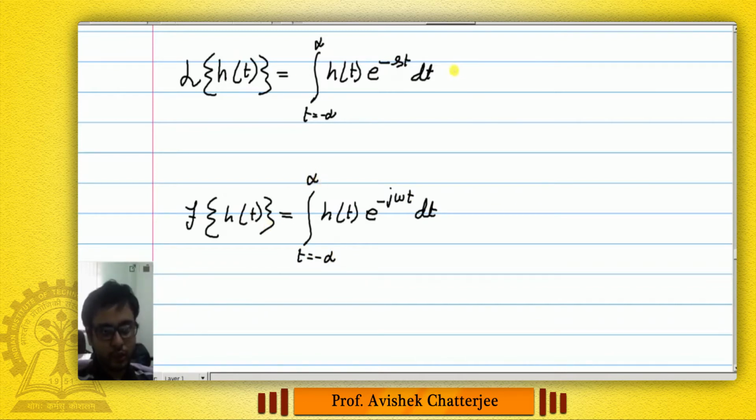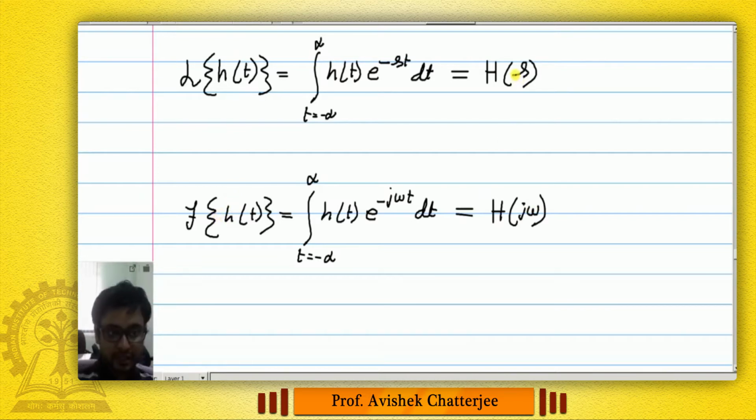Now if we denote this Laplace transform as capital H(s), which is a function of s, then you see that if I put j omega in place of s, that becomes the Fourier transform. So H(j omega), obtained by replacing s with j omega, is the same as the Fourier transform of this signal.